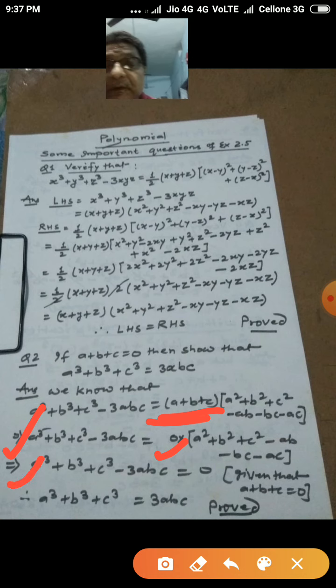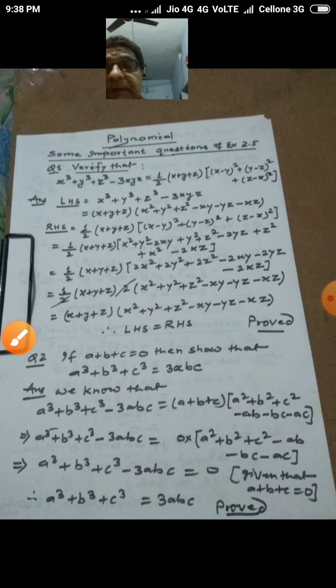On simplifying, again it is a cube plus b cube plus c cube minus 3abc is equal to 0, because 0 multiplied by anything becomes 0. Now we will transpose this minus 3abc towards RHS, then we have the result. Therefore a cube plus b cube plus c cube equal to 3abc, hence it is proved.